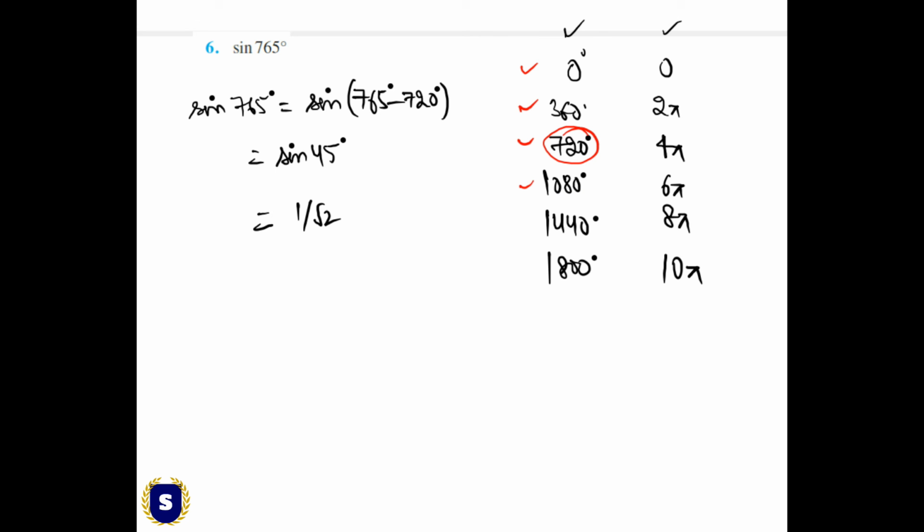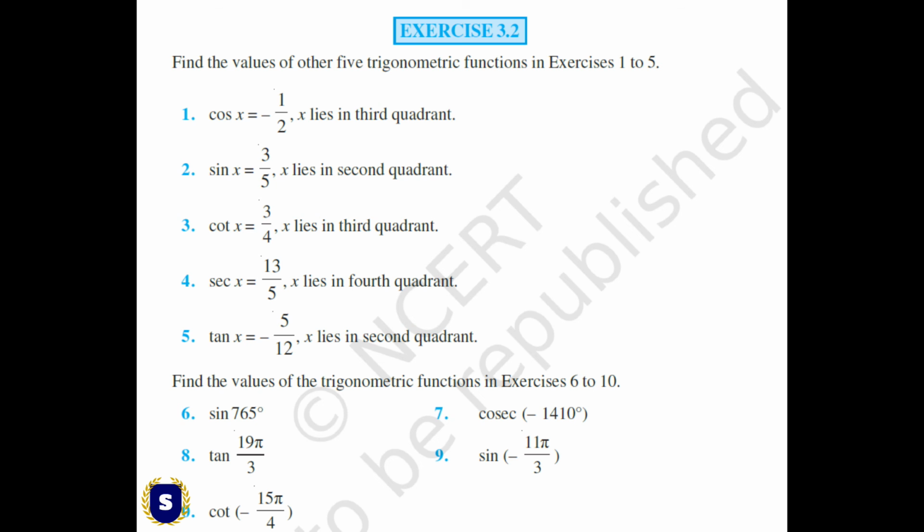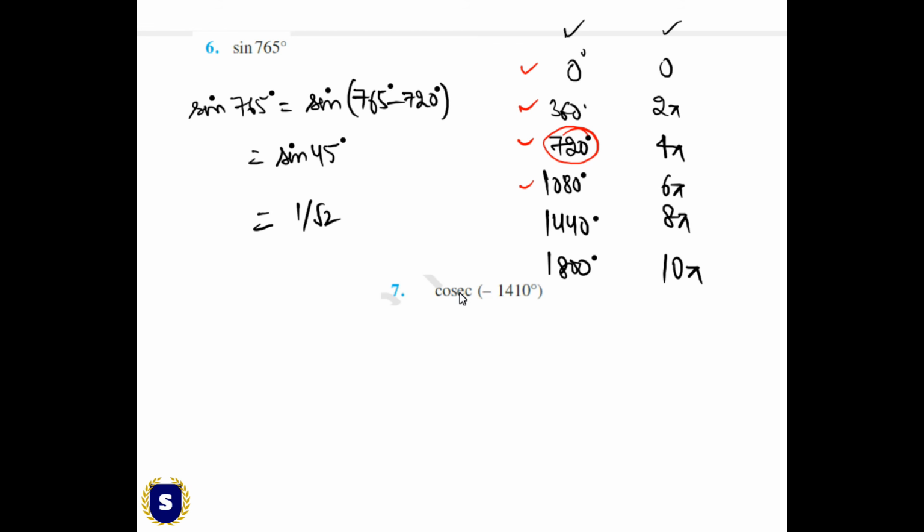Let us do one more question. Question number 7. Sorry, this is also in degrees. So I can choose any of these values to be added or subtracted from the given angle. Cosec minus 1410.